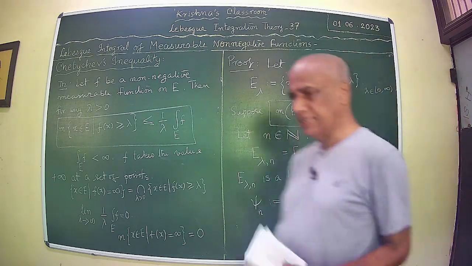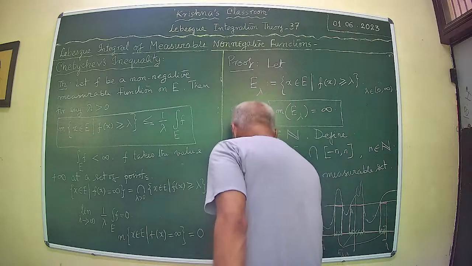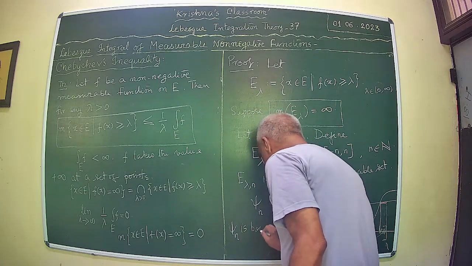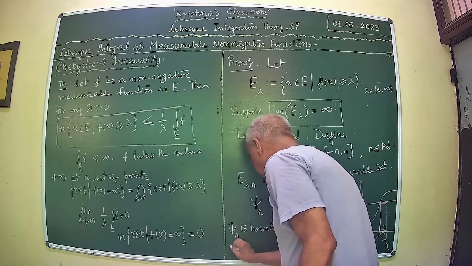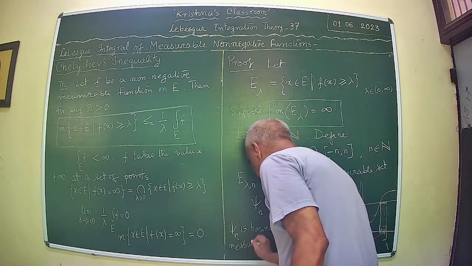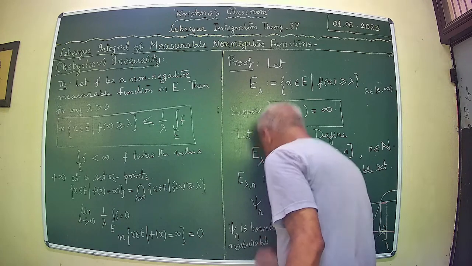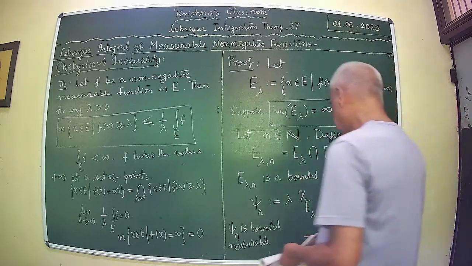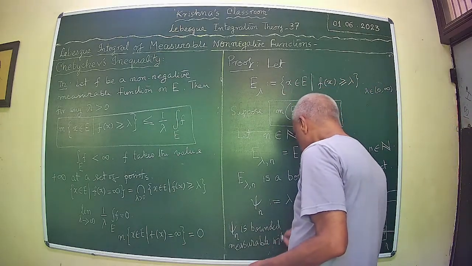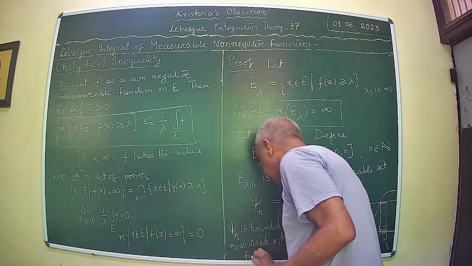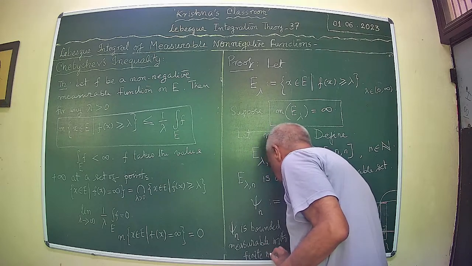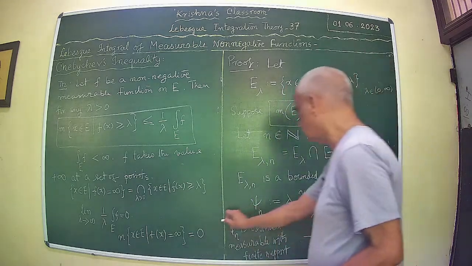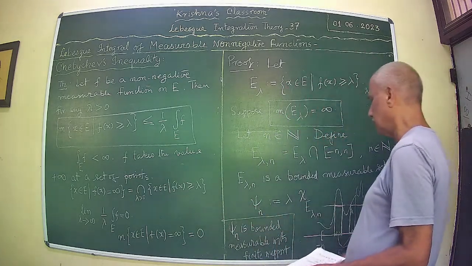Therefore, you see that psi n is bounded and measurable, which comes from the measurability of f, and with finite support. That is the outcome.